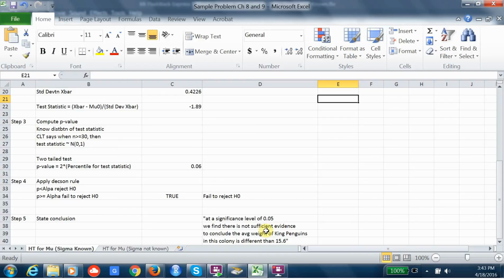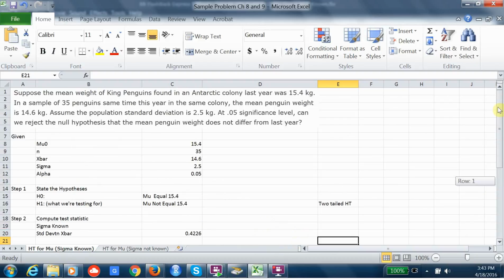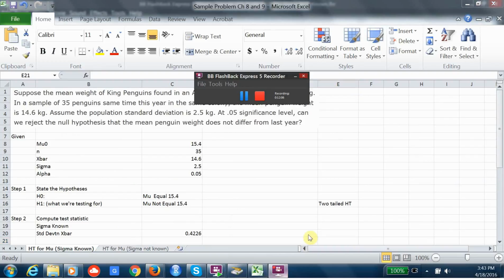A lot of times the judge will say they haven't met the burden of proof. Okay, in other words, there's not sufficient evidence to conclude someone is guilty, because that's the alternative. So here there's not sufficient evidence to conclude that the mean is not equal to 15.6. Okay, that's pretty much all the steps for the hypothesis test when sigma is known. And next we'll look at when sigma is not known.